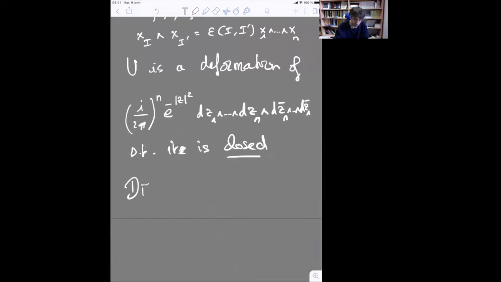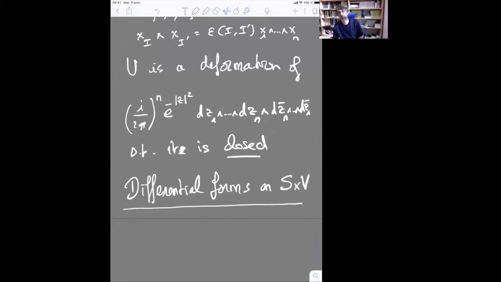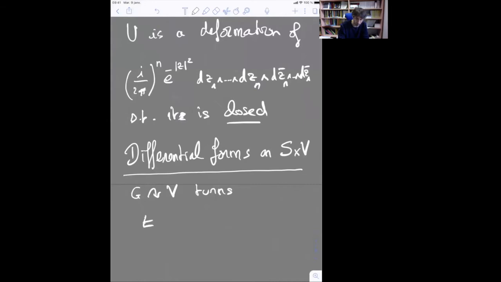So now let's consider forms not on the bundle G cross V mod K, but on S cross V. And for that, note that the standard action turns the bundle, which I will denote by E, which is just S cross V, into a G equivariant vector bundle.